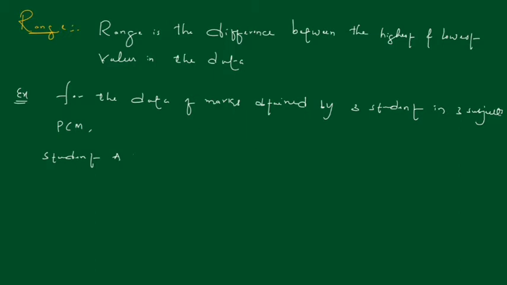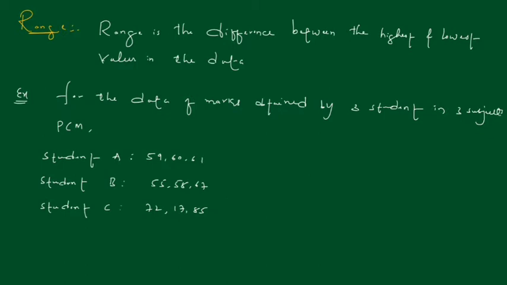Student A got 59, 60, 61. Student B got 55, 58, 67. Student C got 72, 17, 85, right?